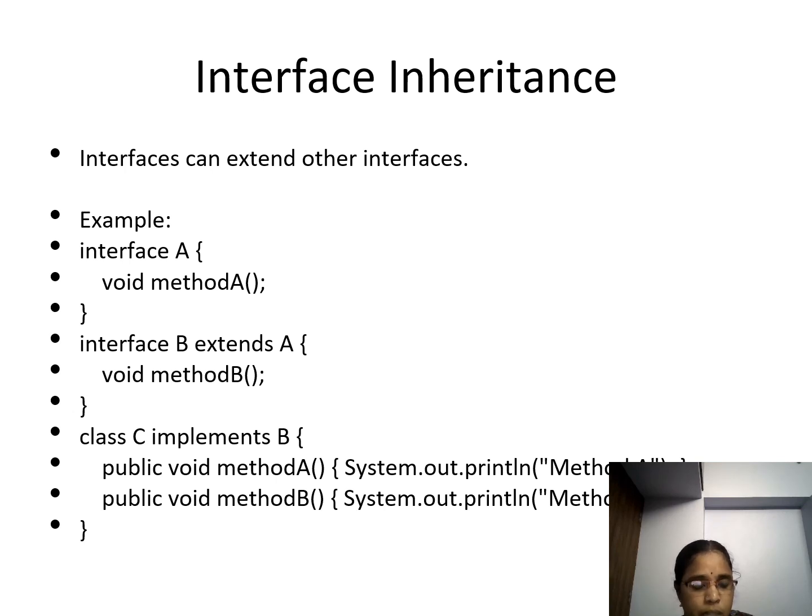The class name is C, and this class implements only interface B, but we can access method A, which is declared in interface A, with the help of interface B, because interface B inherits the properties of interface A.